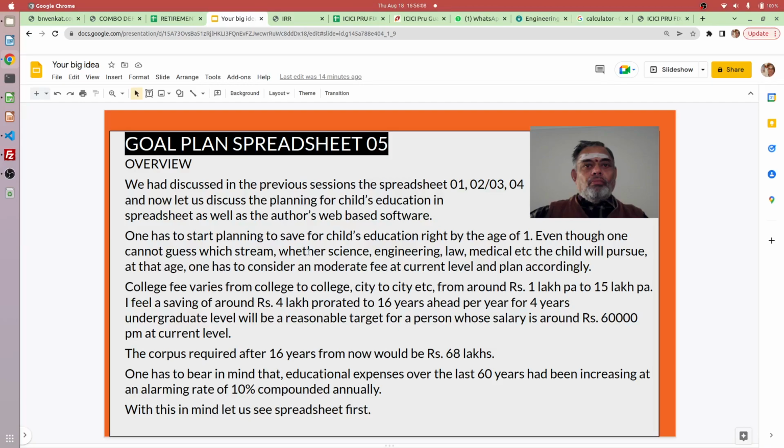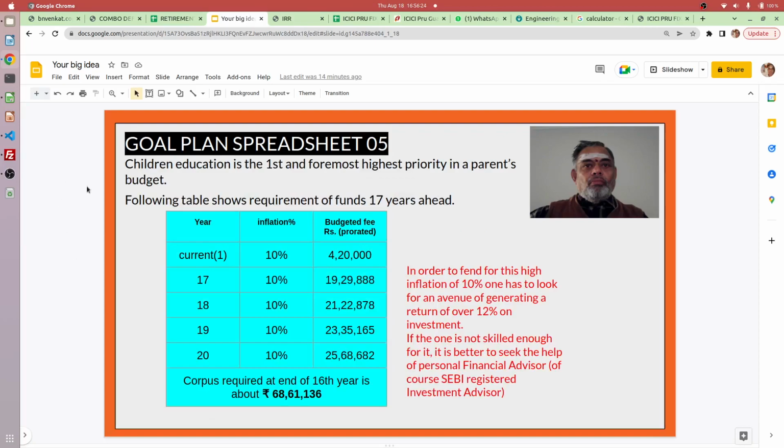One has to bear in mind that educational expenses over the last 60 years had been increasing at an alarming rate of 10% compounded annually. With this in mind, let us see the spreadsheet first. Children's education is the first and foremost highest priority in the parents' budget.